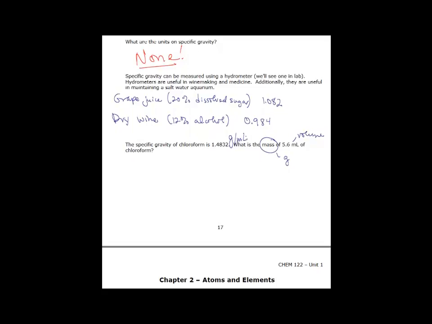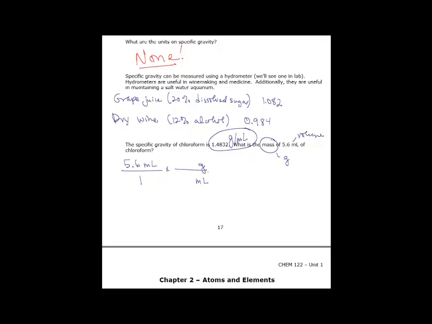So for this problem, I'm just going to work it as a conversion problem. Our volume is our starting quantity, 5.6 milliliters over 1. And then I'm going to use this density as my conversion factor, and then I'll get to grams. So I need milliliters to cancel out, so I'm going to put the density in this orientation.